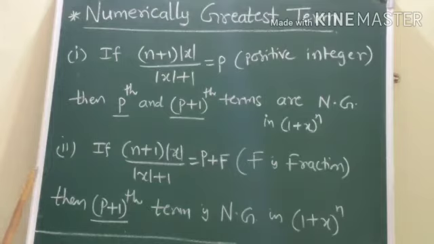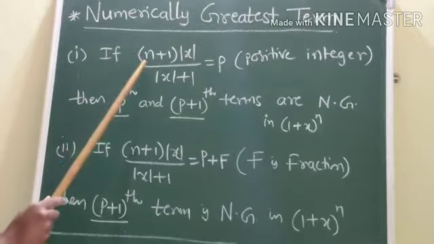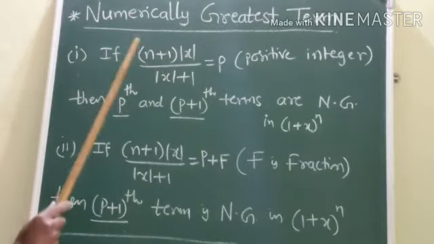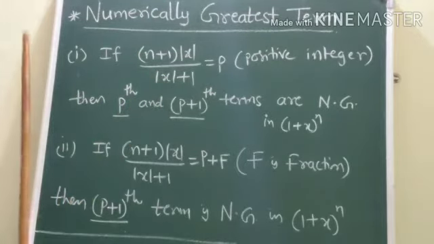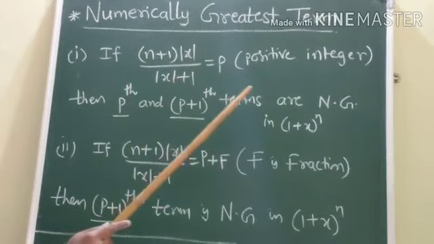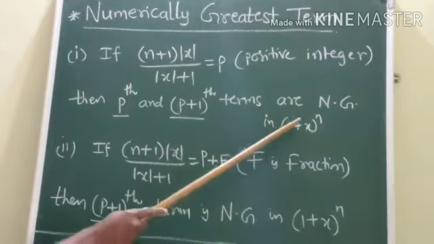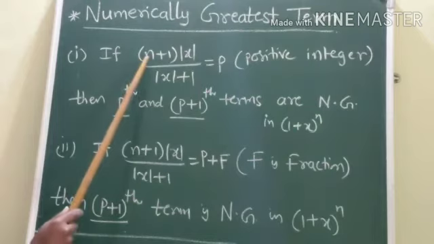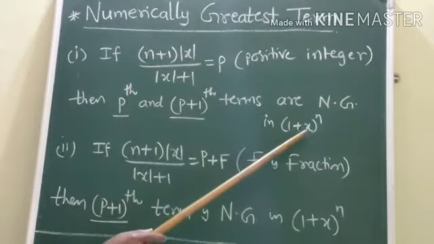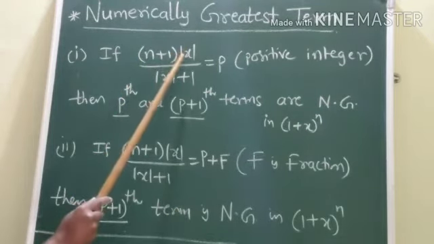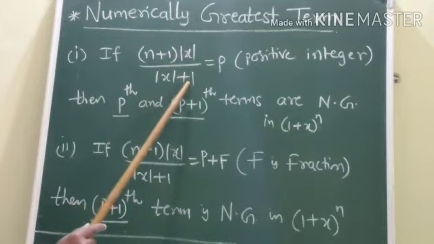Here we have to take two cases. In the first case, we compute (n+1)|x| / (|x|+1). Here the given expansion is in the form (1 + x)^n.